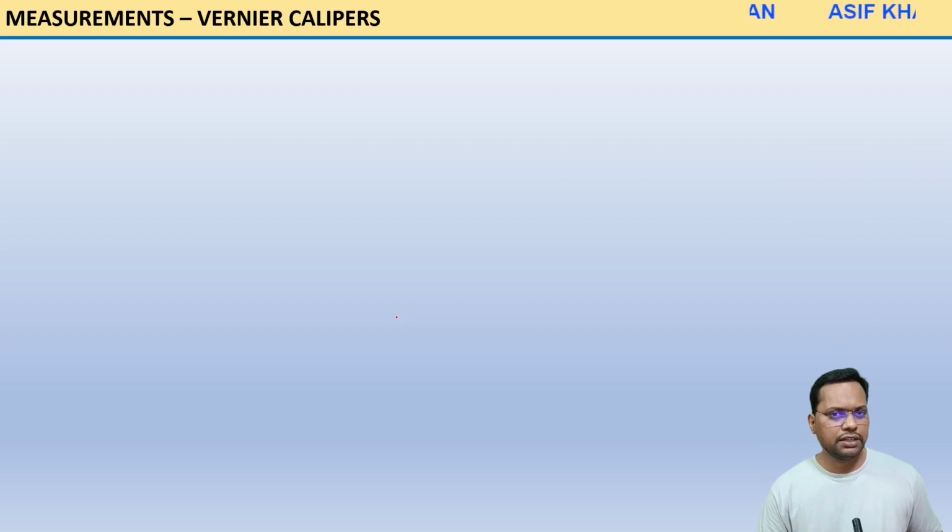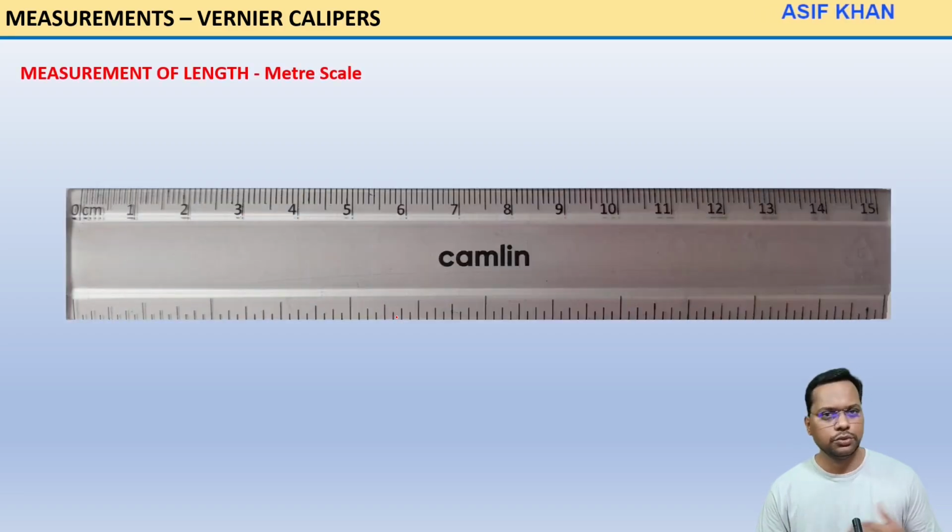So if you look at the same 1 meter scale that is used in the laboratories, it consists of 100 divisions. That is, 1 meter consists of 100 divisions. One division is equal to 1 centimeter, and again 1 centimeter is divided further into 10 parts, and each part is of 1 millimeter.